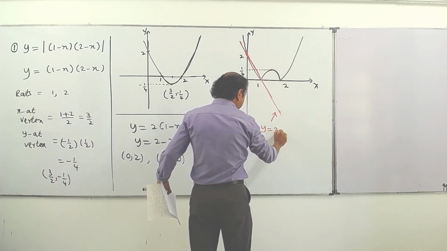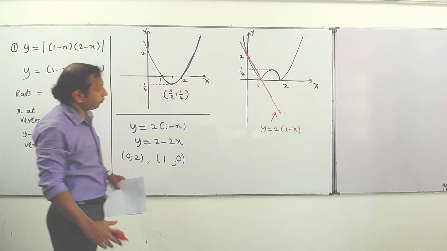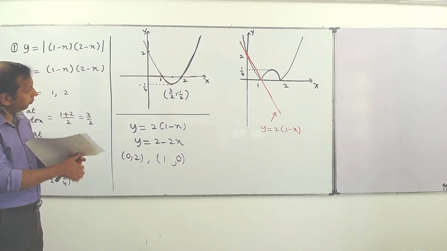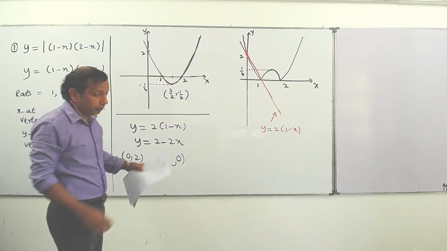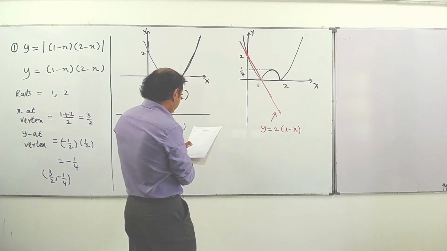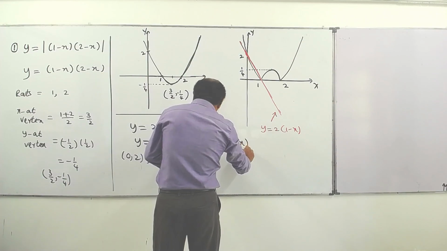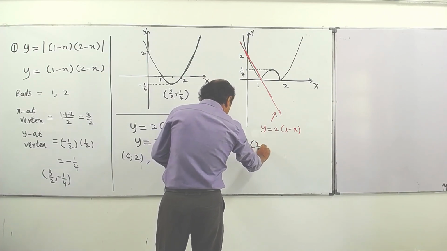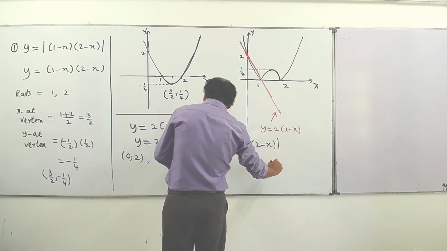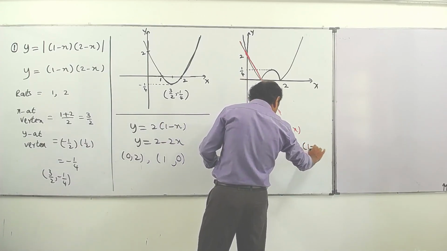This is y equals 2 times (1 minus x). Right. Then what is asked next? Asked to find the range of the inequality: modulus of (x minus 1)(x minus 2) greater than 2 times (1 minus x).